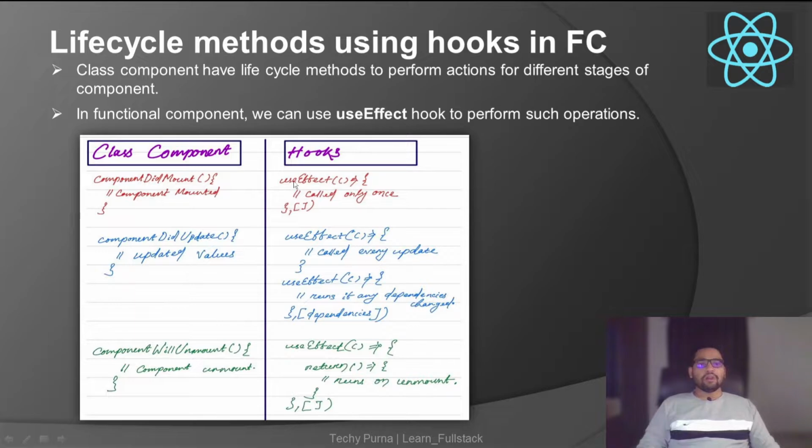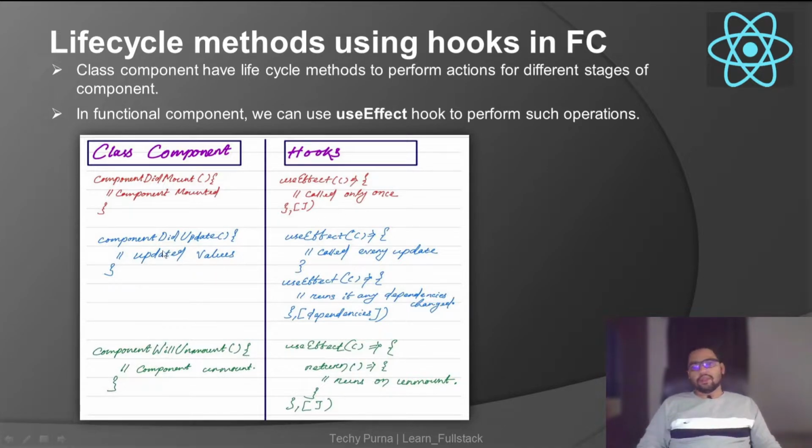So here we have the useEffect function, and the first parameter of this useEffect call is a callback function. The second parameter is the dependency. Whenever you have a useEffect and the second parameter is just empty square brackets, then without any dependency it is called once, when the component is mounted.